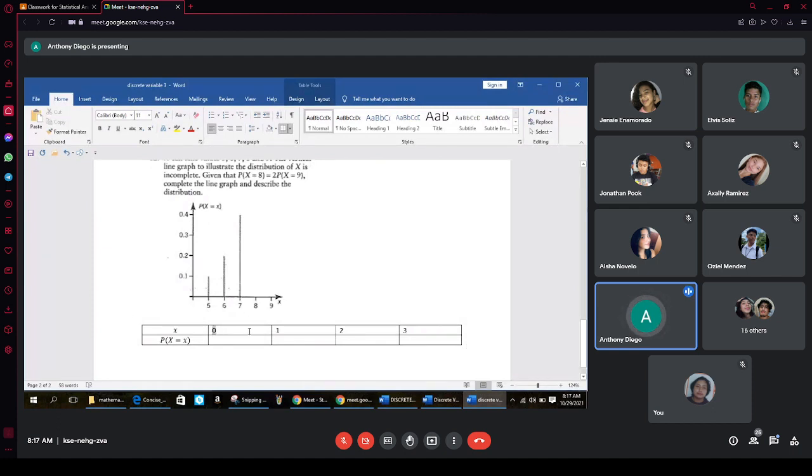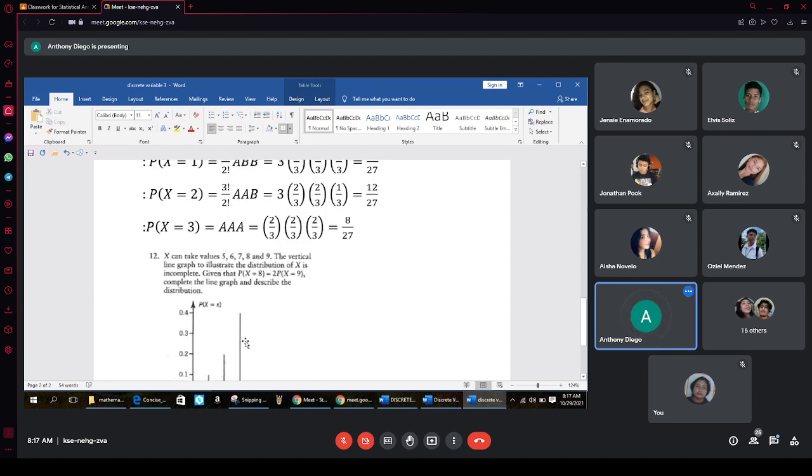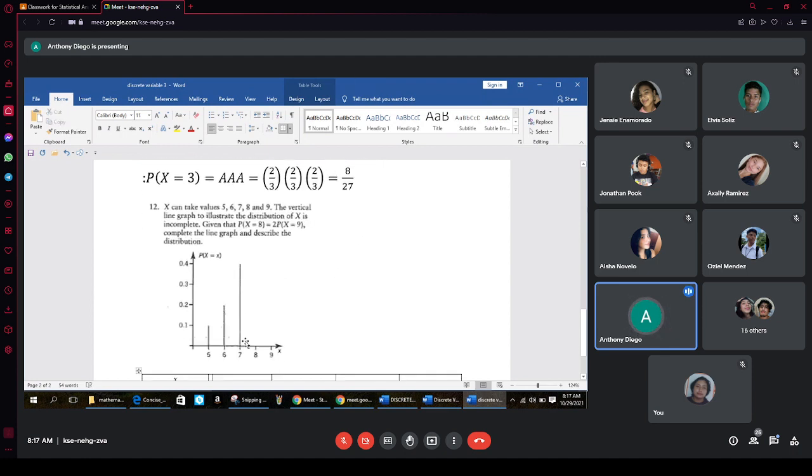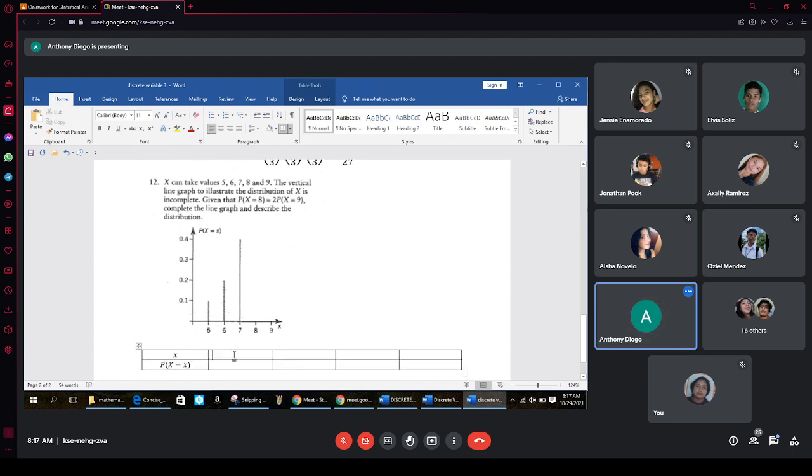It tells you here that X takes the values 5, 6, 7, 8.